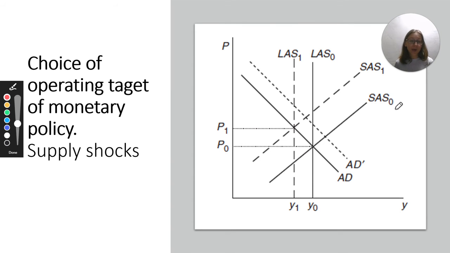If the central bank is oriented towards keeping the money aggregates the same, so keeping the quantity of money the same, they would do nothing. And so the economy would simply stay in this equilibrium with higher prices, lower GDP, and a bit higher interest rates than previously.